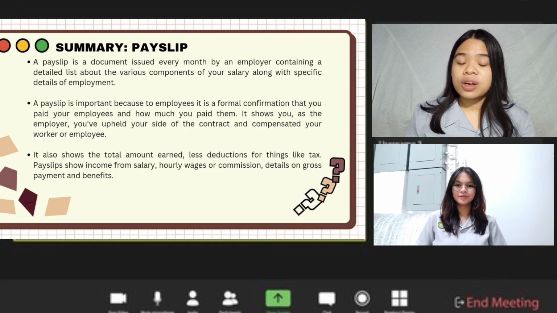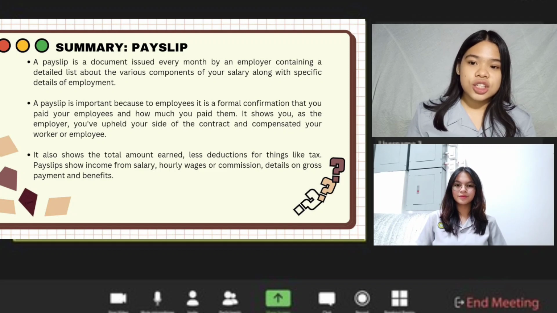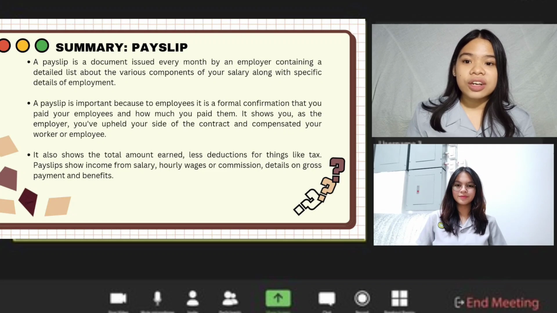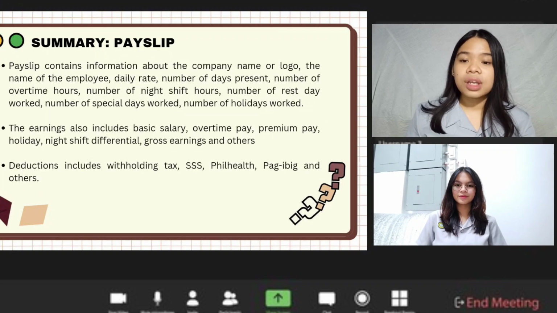It shows you, as the employer, that you've upheld your side of the contract and compensated your worker or employee. It also shows the total amount earned, less deductions for things like tax. Payslips show income from salary, hourly wages, or commission, details on gross payments and benefits.